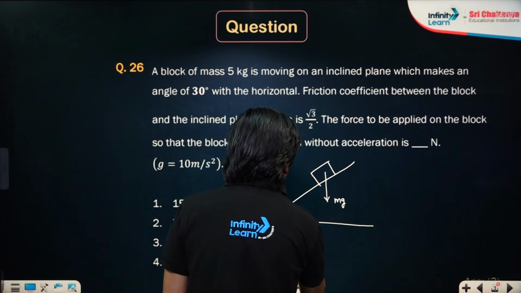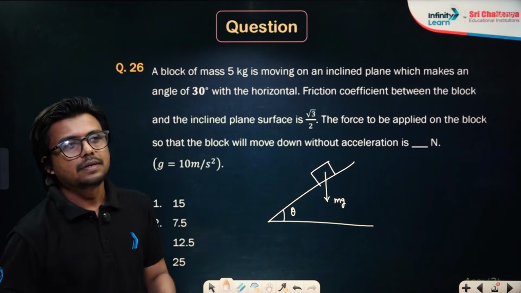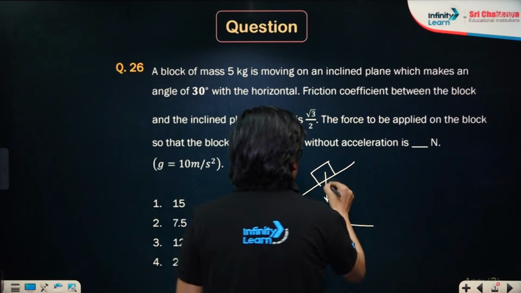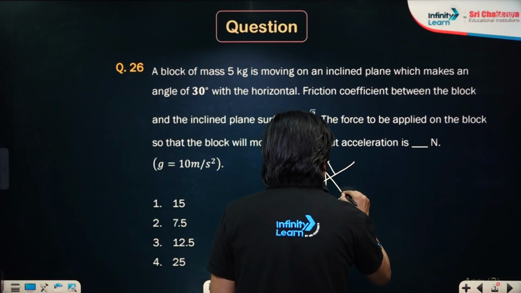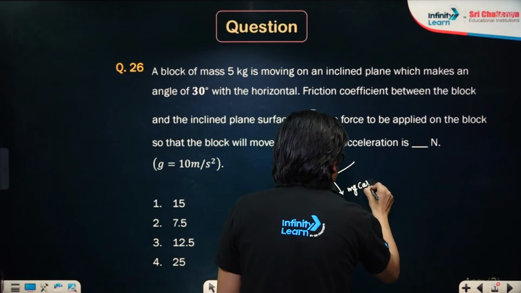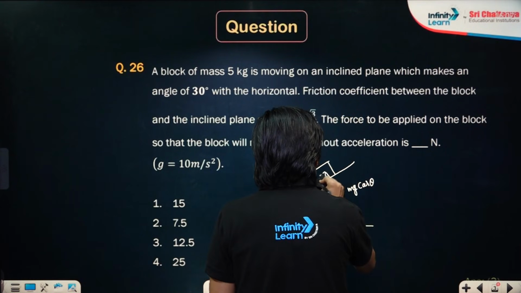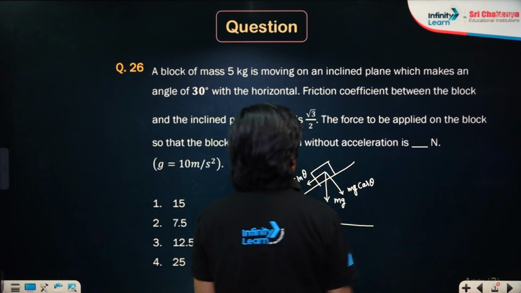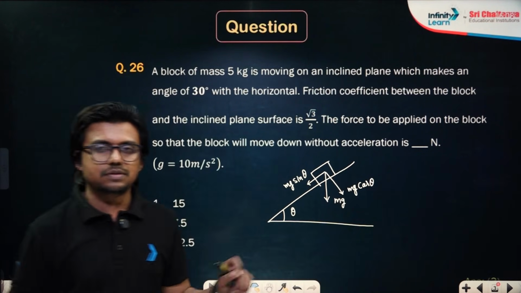Suppose the inclined plane is inclined at an angle theta. So there are two components, one that is mg cos theta and the other one which is mg sin theta. Okay, this is the force.